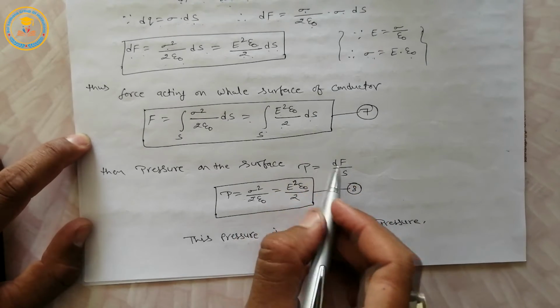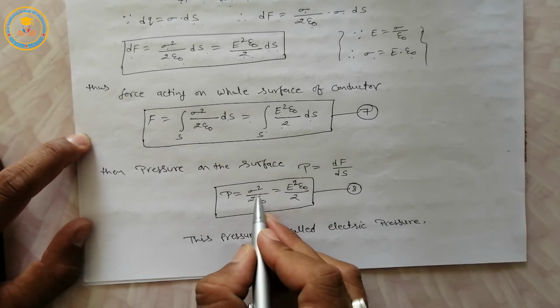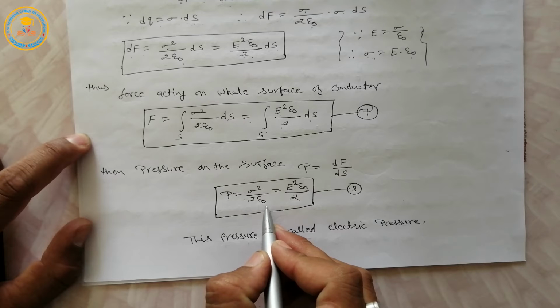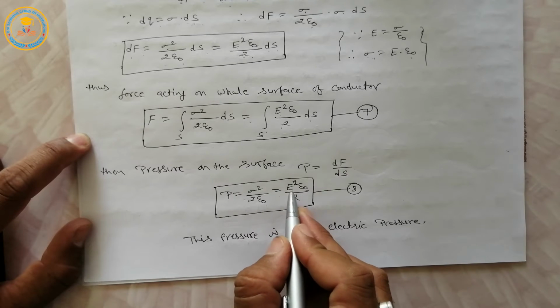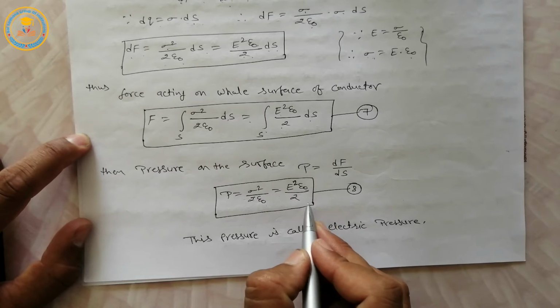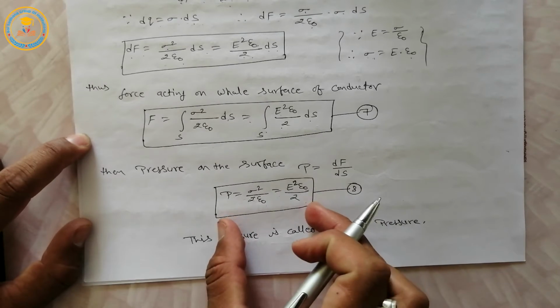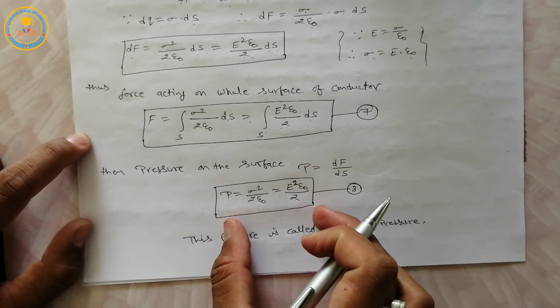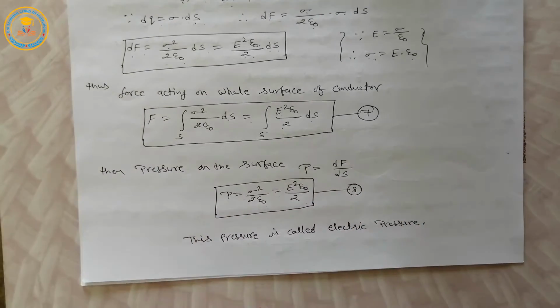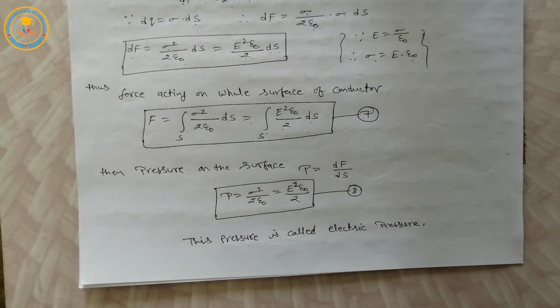Putting the value of dF, we get P is equal to sigma square upon 2 epsilon naught, which is equal to E square into epsilon naught upon 2. This equation represents the electric pressure. This is the expression of force and pressure for a conductor.